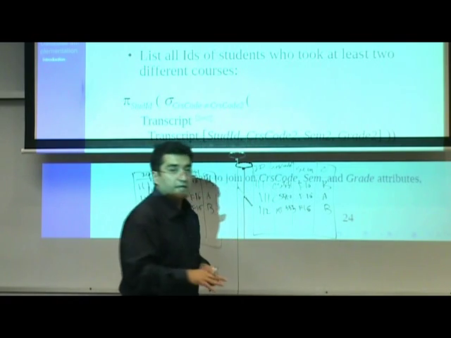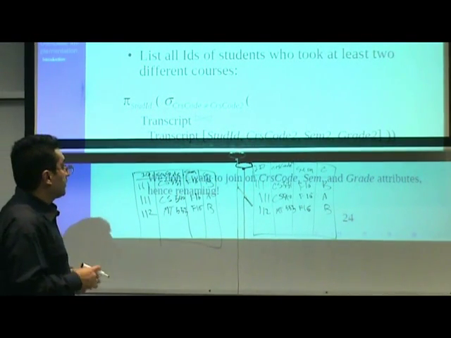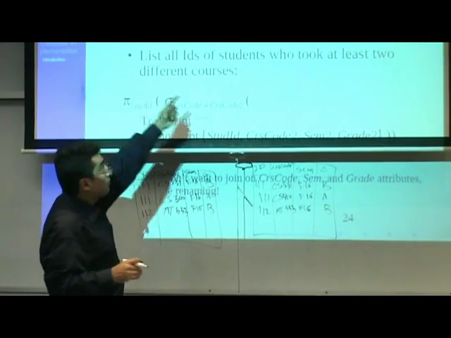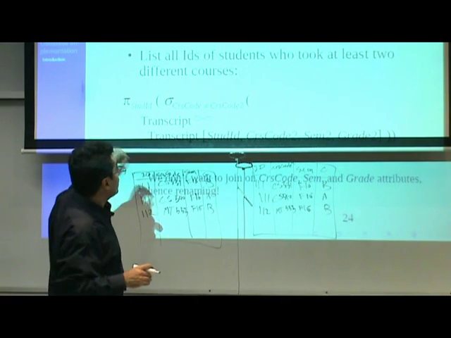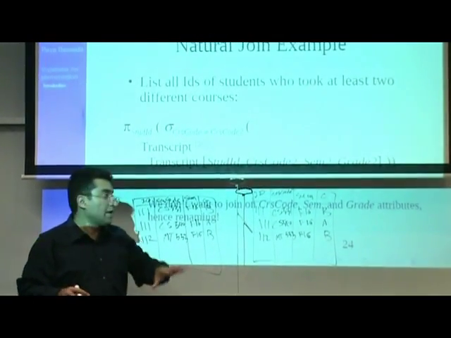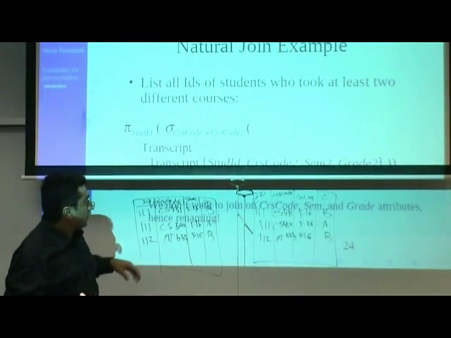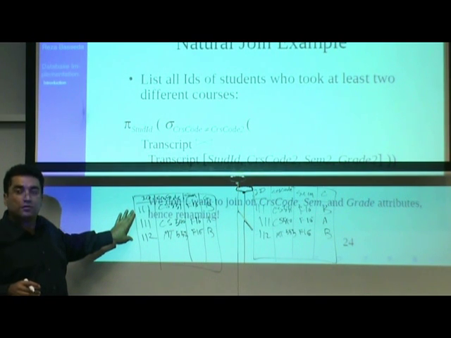Okay, so first of all, tell me what should be the result of this query. This gives all IDs of students who took at least 2 different courses. What is the result of this, without checking this expression, given that this is the transcript table? One.